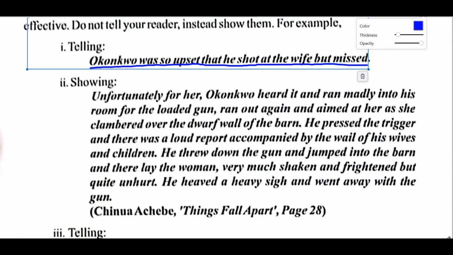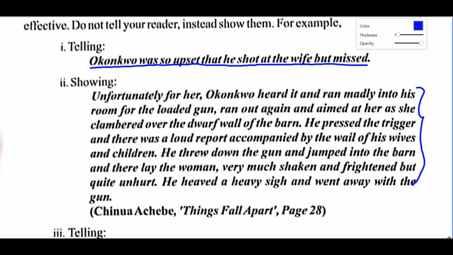So for showing, we can see that at least it is a paragraph. Unfortunately for her, Okonko hid it and ran madly into his room for the loaded gun, ran out again and aimed at her as she clambered over the dwarf wall of the brain.